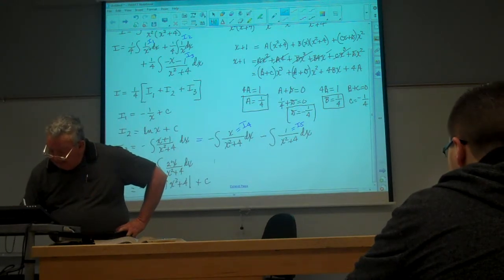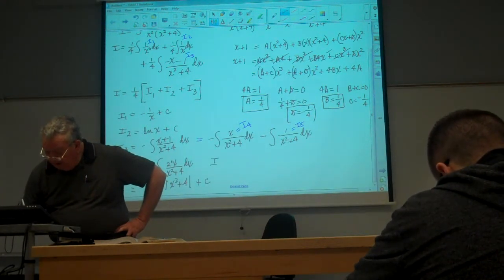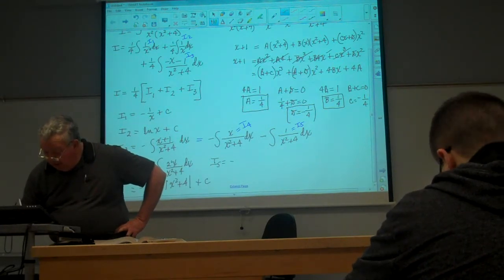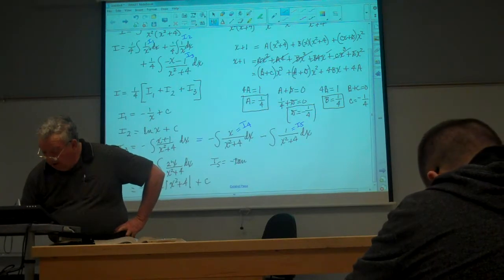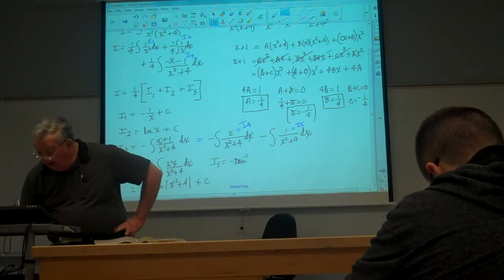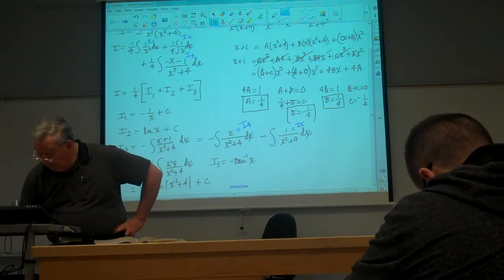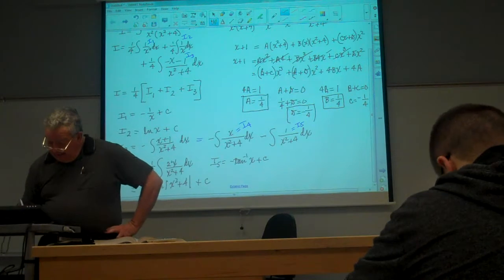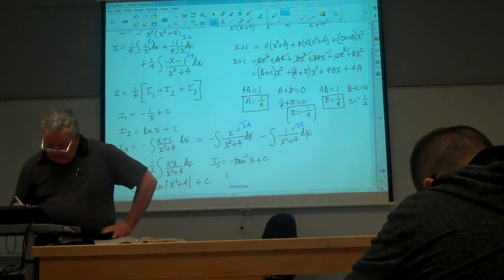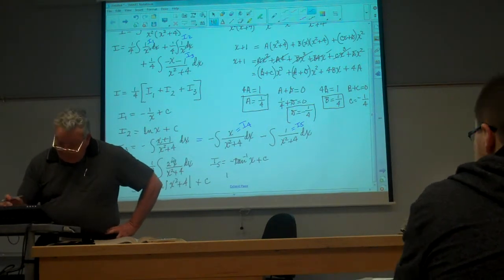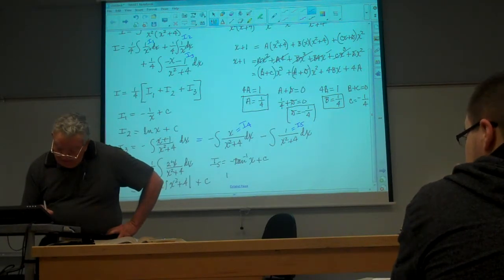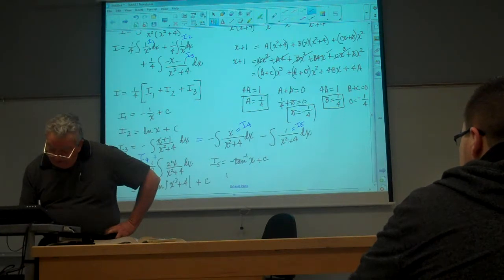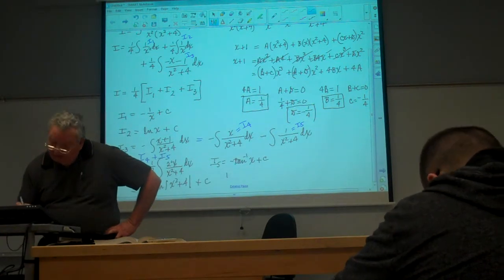Now I5 is what we got a minute ago. I5 is equal to minus inverse tangent of x plus c. Agreed? And then I3 is equal to I4 plus I5.